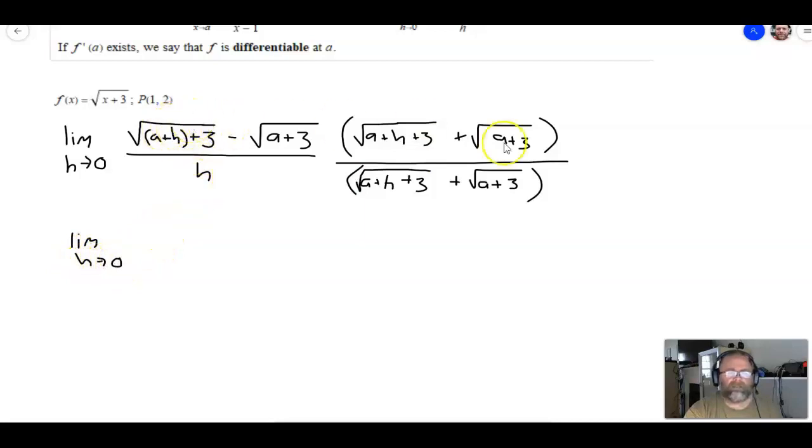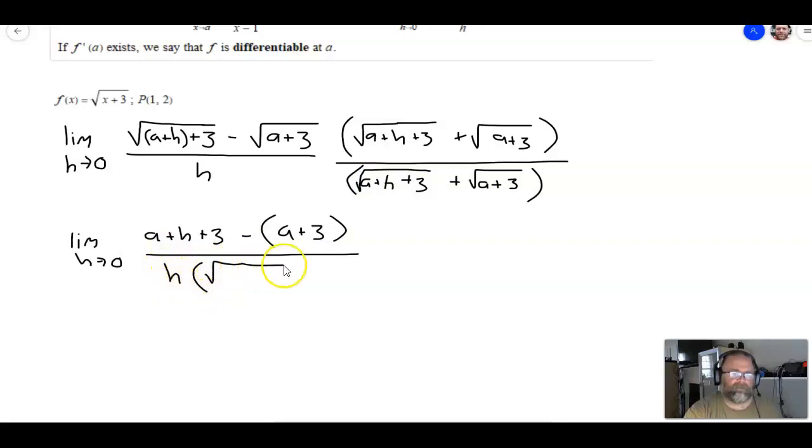So it's going to be the first thing squared minus the second thing squared. So the first thing squared is just going to give us a plus h plus 3, minus, and then the second thing squared is just going to give us a plus 3. Don't forget to put the parentheses around it because we're going to have to distribute that minus sign. All over h times that big mess there. And I'm just going to leave it like this, times square root of a plus h plus 3 plus square root of a plus 3.